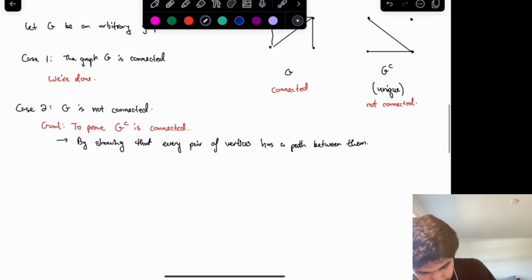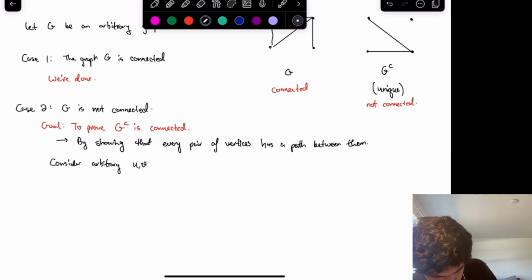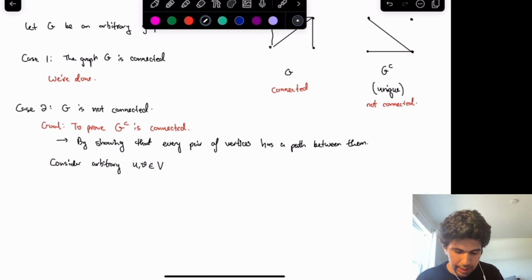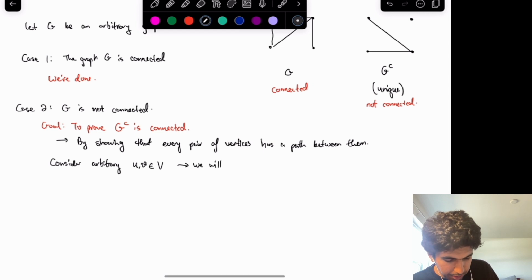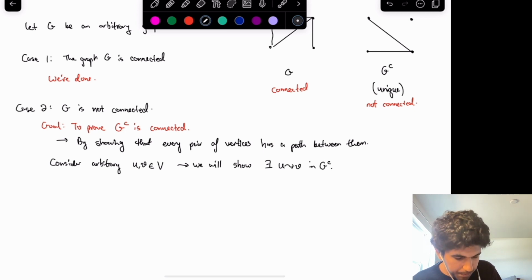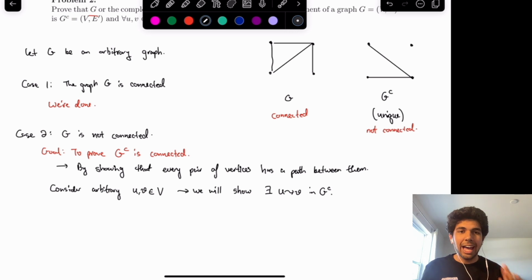So let's consider an arbitrary u, v, which are two vertices in our vertex set, and we will show there exists a path between them. Okay, well, again, we don't have G complement with us. We've only considered an arbitrary G, and that's not completely fleshed out for us. We don't really know what it looks like, because whatever we prove must work for all graphs.